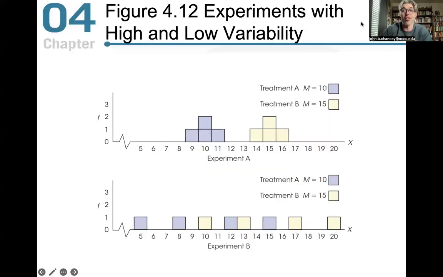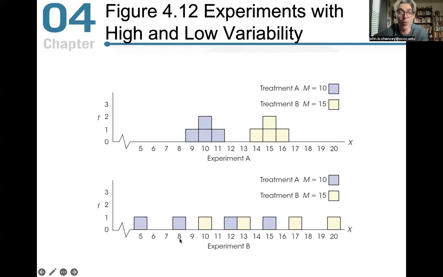Okay, so here are some examples of what experiments might look like. We have high and low variability. Here we can clearly see the pattern going on in terms of the variability. Treatment A, treatment B, there's clearly something going on here. Most of the data for treatment A is clustering in this part of the graph, treatment B on this side of the graph.